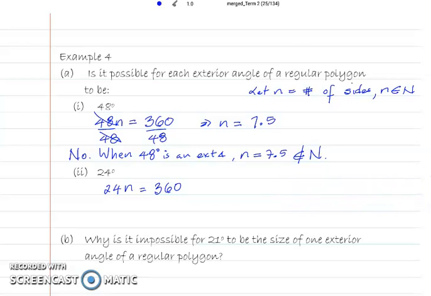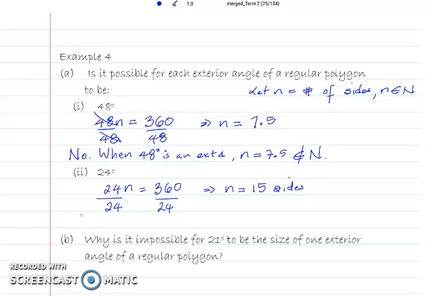The shortcut for adding 24 n times is to multiply 24 by n, where n here is the number of sides. So 24n is equal to 360. Divide both sides by 24. So therefore, n would be equal to 15 sides.